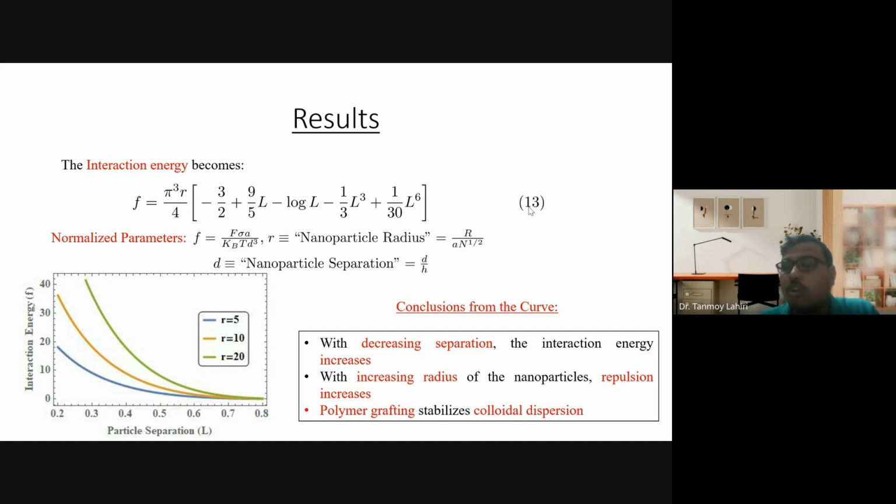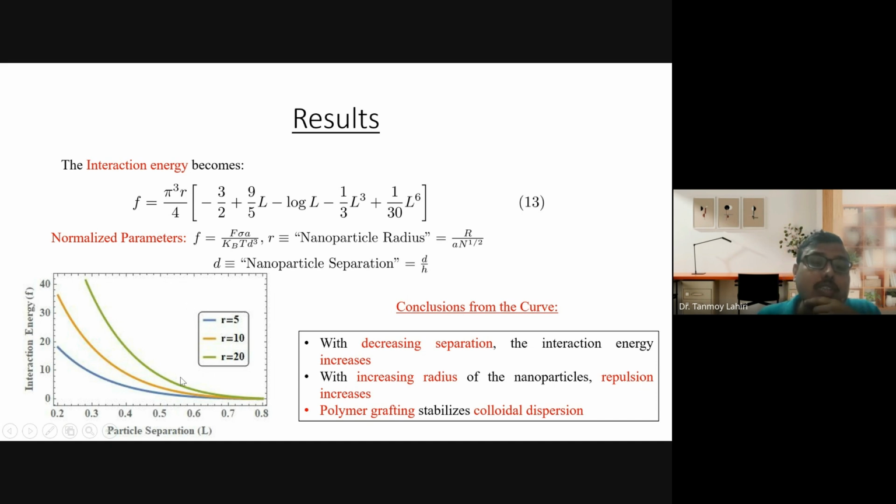This is the simplest model that I have used. And if we plot this free energy with respect to L, which is now the particle separation in the normalized or non-dimensional parameter, this curve is very important.